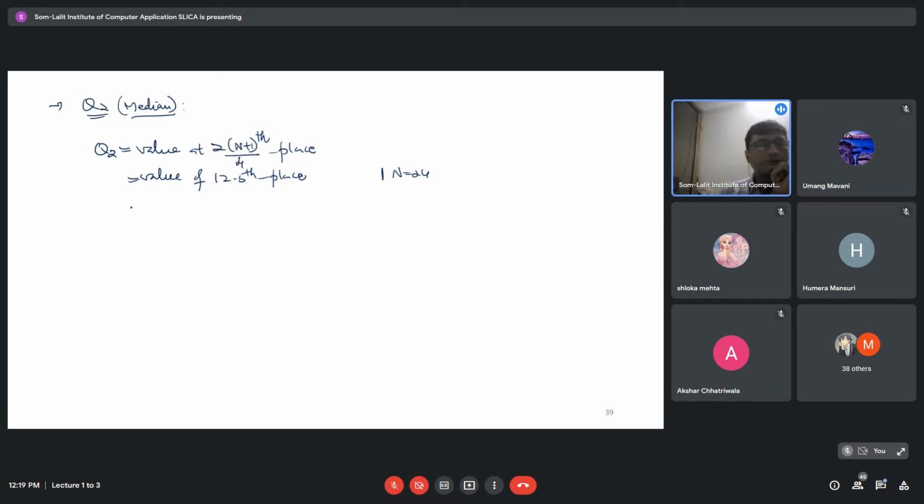Okay. So now, as you did in the previous case, the value of this 12th term, or you can write the value at this 12th position, plus what's the fractional part here? 0.5 into the next observation. Which is the next observation? That is the 13th number. So I'll write the value at the 13th place minus the value at the 12th place.